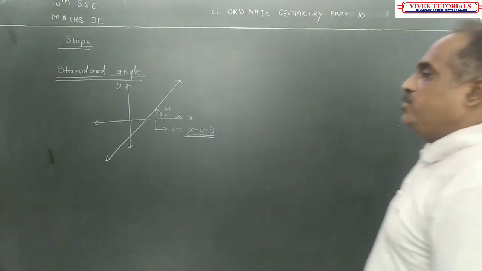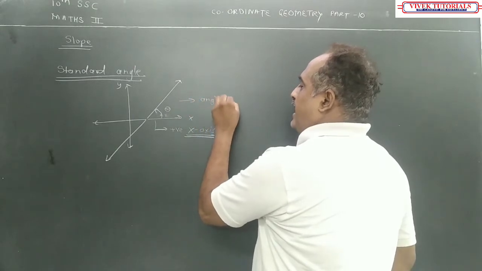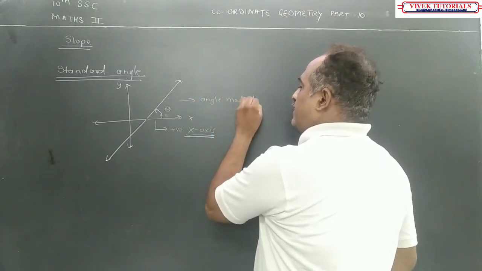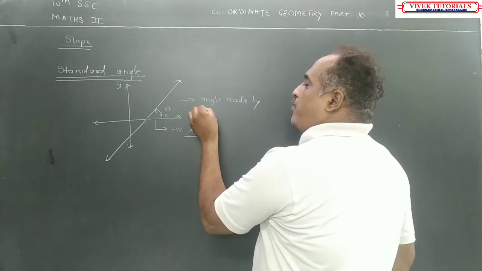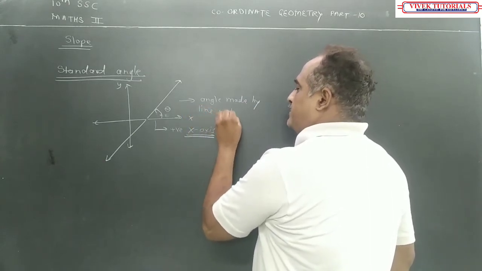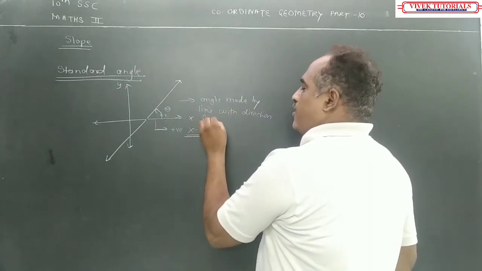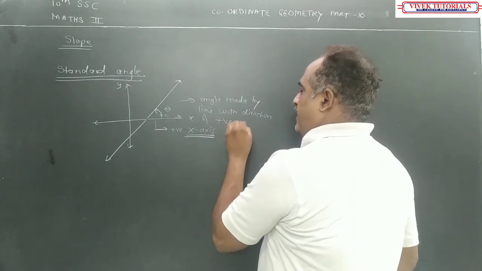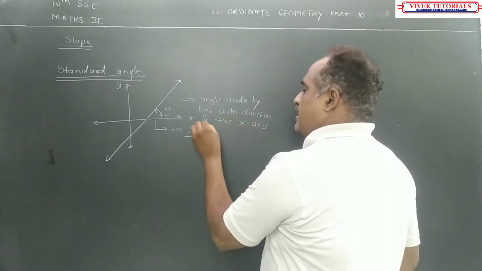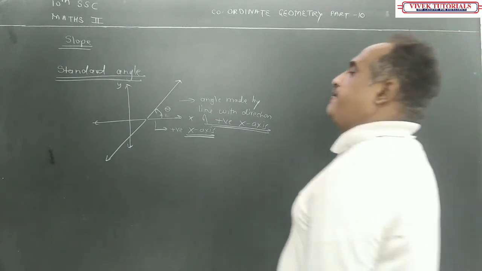Okay, you got it now? This theta is the angle made by a line with the direction of the positive x-axis. So this is the theta.